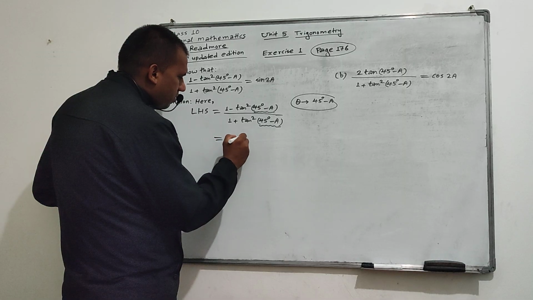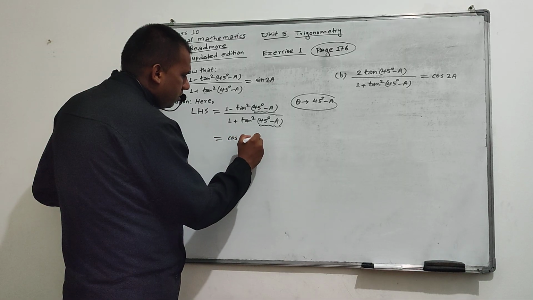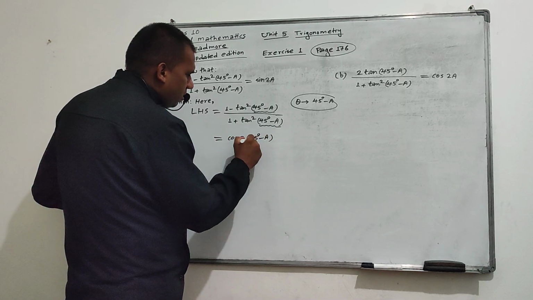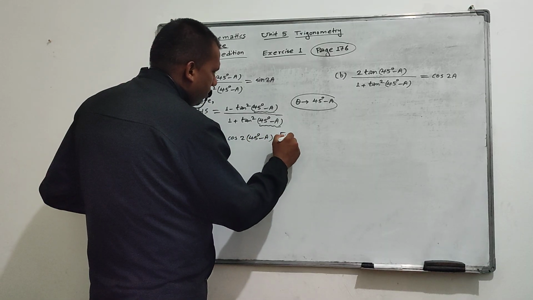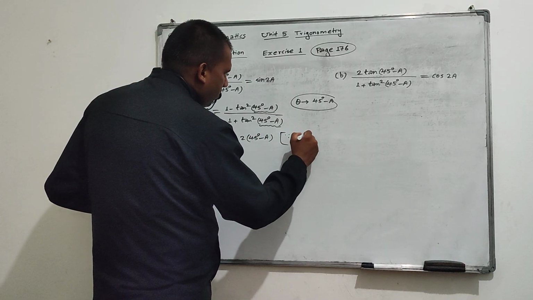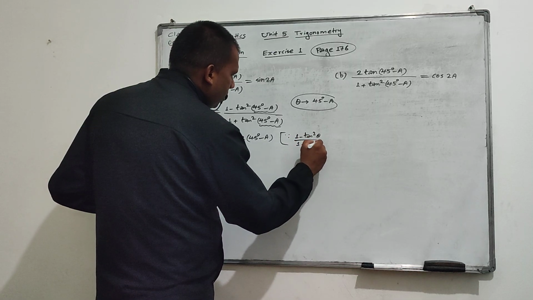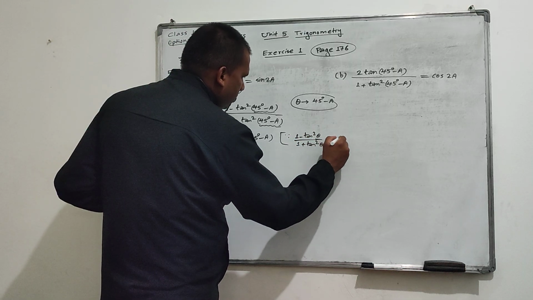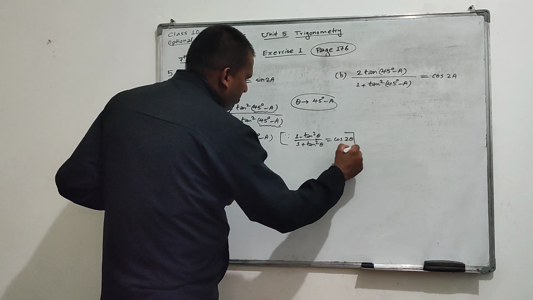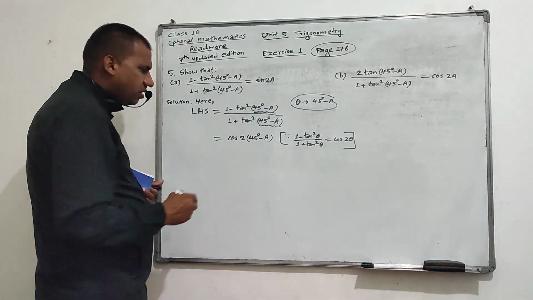So cos 2 (45 degree minus A), because (1 minus tan square theta) upon (1 plus tan square theta) equals cos 2 theta.